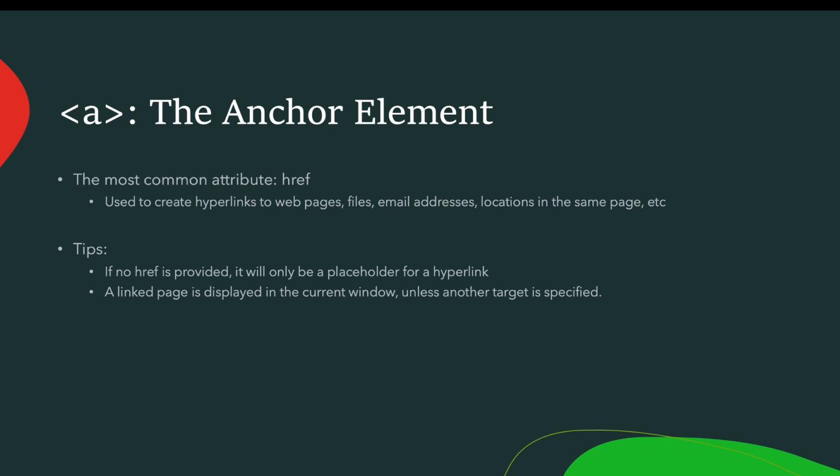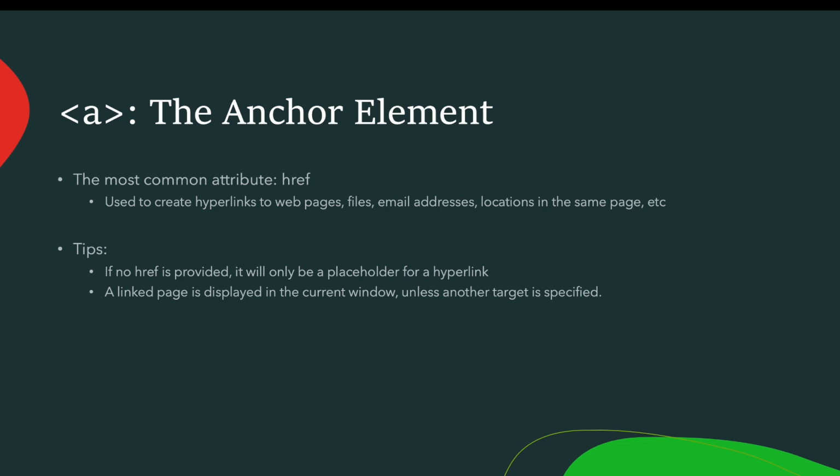It's good to know that the href is only an attribute, right? And there are also other attributes that I will talk about, some of them briefly. But href is the most common attribute that people think of when they think about the anchor element. Two tips here. One is that if there is no href provided, if you just use the anchor element, it's just going to be a placeholder for your hyperlink.